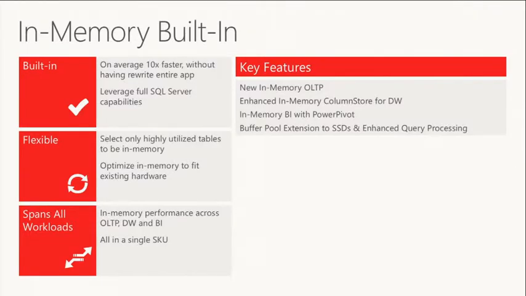Now, one of the things that we haven't talked about in the keynote and such is a feature called buffer pool extension. So we can do buffer pool extension to SSDs or things like Fusion IO that really allows you to extend the in-memory buffer with SQL Server. So the in-memory buffer cache that sits within the SQL Server process, you can extend that to SSD or some fast write mechanism that you might have in place.